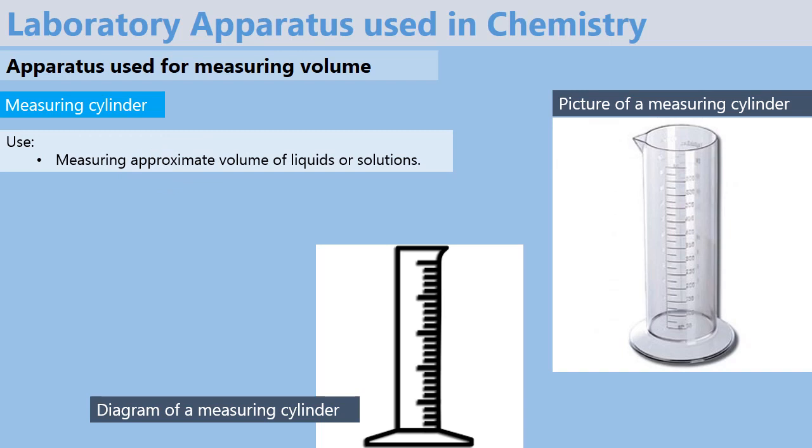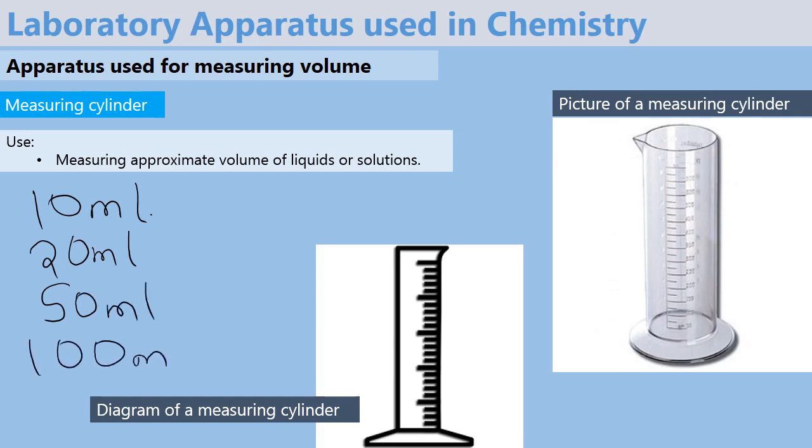For instance, we have the 10 milliliter measuring cylinder. You also have a 20 milliliter measuring cylinder, 50 milliliter measuring cylinder, 100 milliliter measuring cylinder, and so on. It all depends on the amount of volume you need to measure.